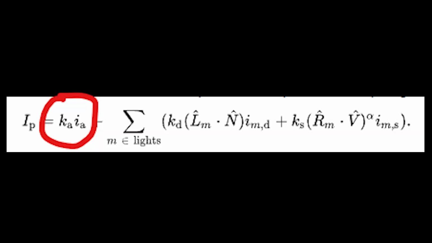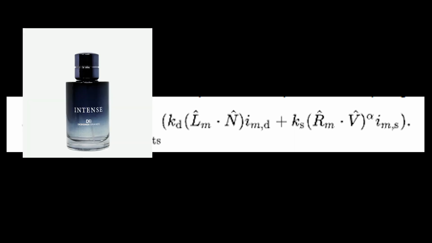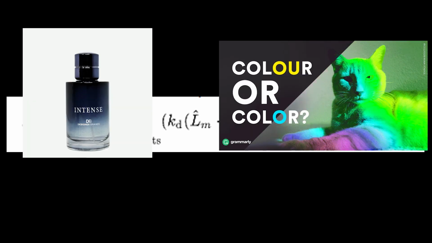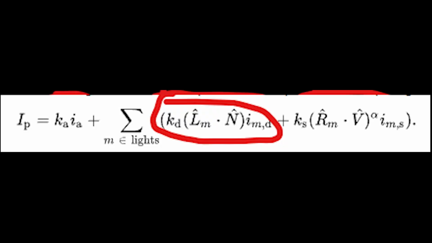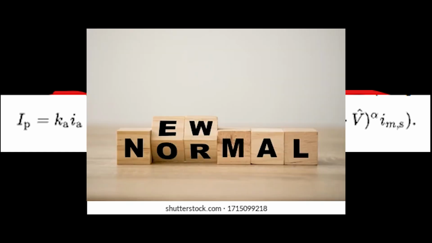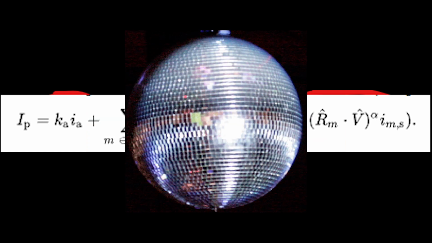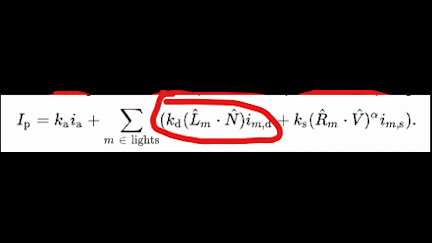Ambience is easy because it's the ambience, there's no lighting. So we need to just get the intensity of the ambience and the color of the ambience and times it together. For the diffuse, you need the light vector and normal vectors. Normal being the model, like how light bounces off the model, and then you get the unit vectors of those.